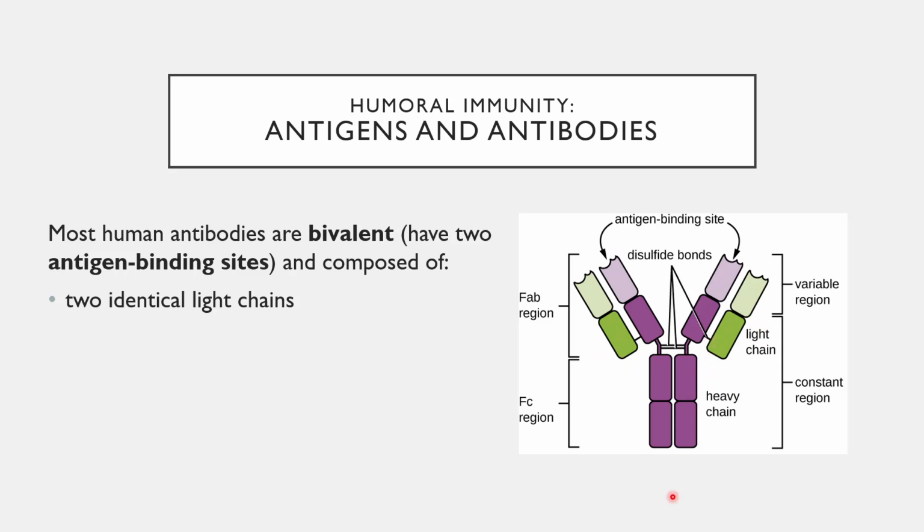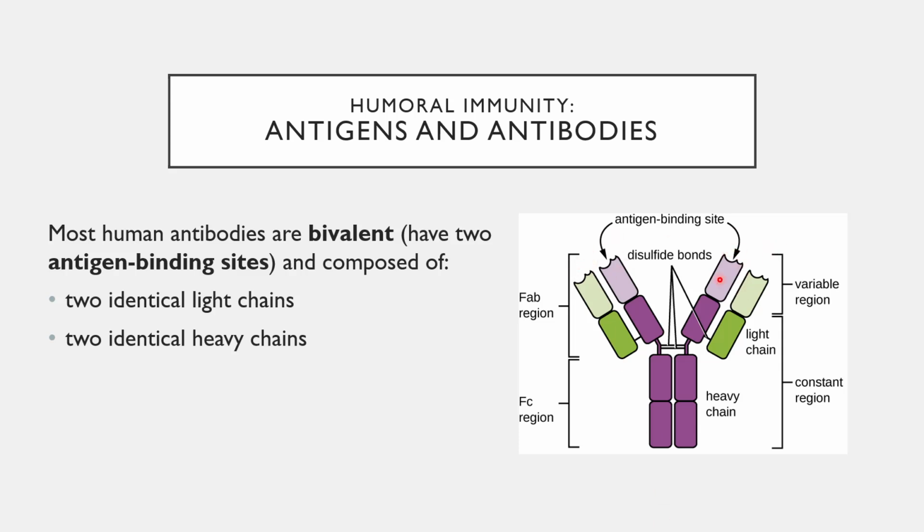And those light chains are accompanied by two identical heavy chains, named for the fact that they have a heavier molecular weight because they are larger. So the antibody is symmetrical. It has a light chain and a heavy chain on one side, and those are accompanied and bound to a light chain and a heavy chain on the other side. Together, those light chains and heavy chains create two identical antigen binding sites.